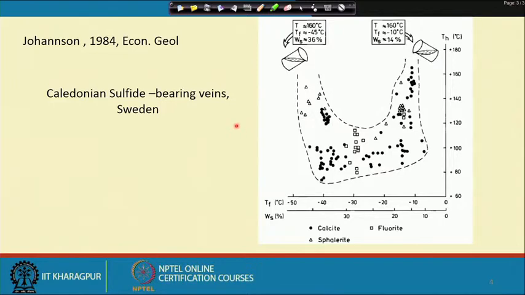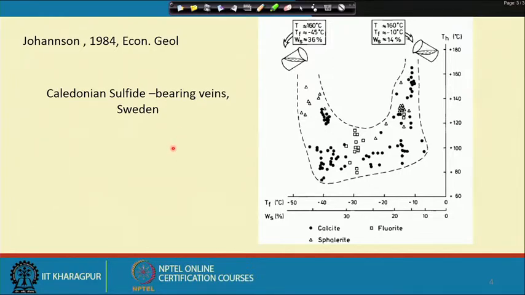So the general idea, whenever we see a very high temperature and very high salinity fluid, with the salinity going to 70% or more, is that this fluid must be a magmatic fluid, because these magmatic fluids generally result from exsolution of volatiles from a crystallizing granitic magma.